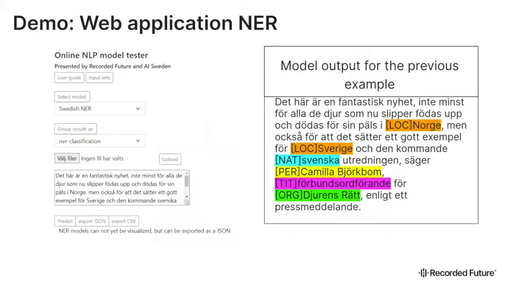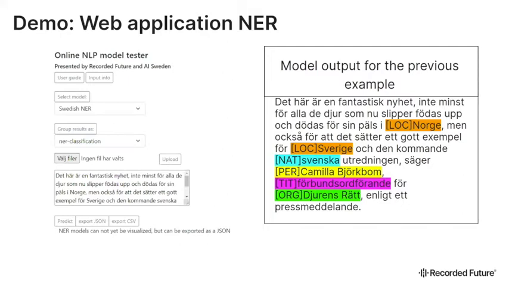Would you like to show how it is used? Yes, of course. As you can see now, this is an example of our small web application for the models that we developed. It is still currently a work in progress, where we still need to visualize the NER outputs in a really effective manner, but our idea of how to do it is in the example. The core idea is the application being very easy to use.